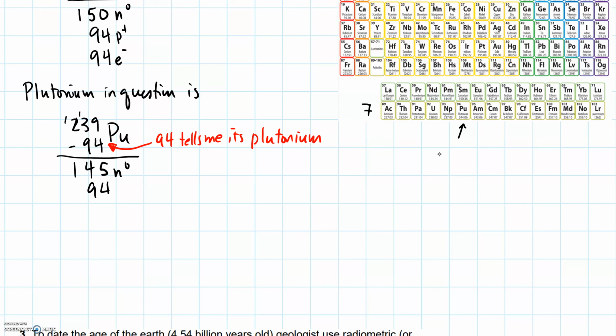I have 94 protons, 94 electrons, and again, it's on the 7th row, so therefore this tells me there are 7 shells.